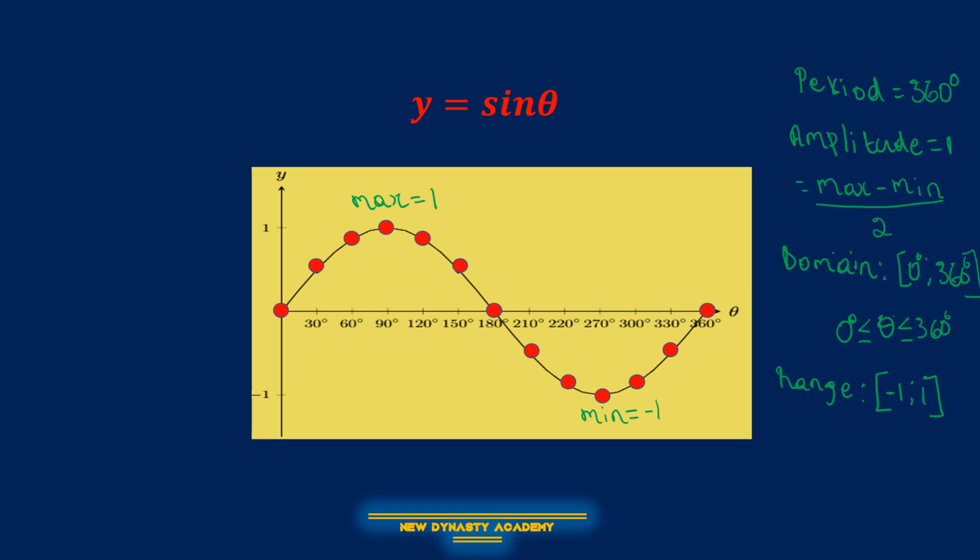So the x values where the graph is increasing is from 0 until 90 degrees, and it starts decreasing from 90 degrees until 270 there. Then it starts also increasing until 360. So basically this is how you can take out or understand the characteristics of your sine graph.